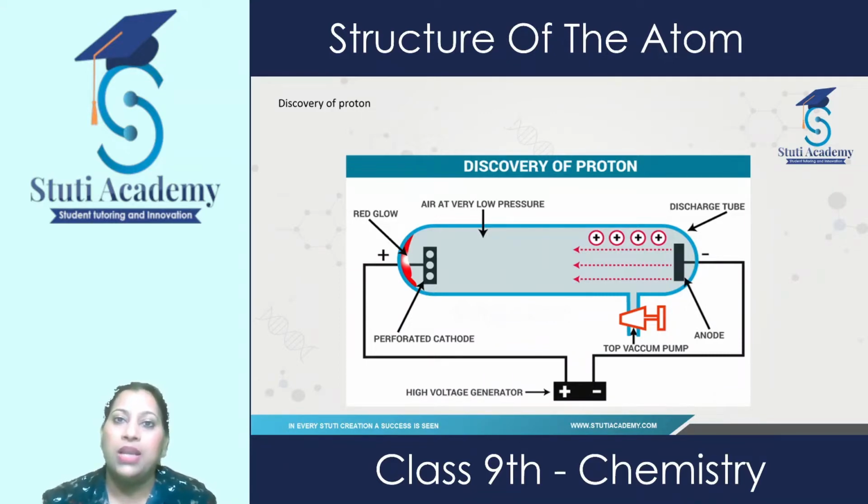When he passed electricity at a very low pressure and high voltage, the canal rays, or anode rays, were produced from the anode towards the cathode, and they passed through these canals or pores in the cathode, and struck at the other end, which results in a red glow.